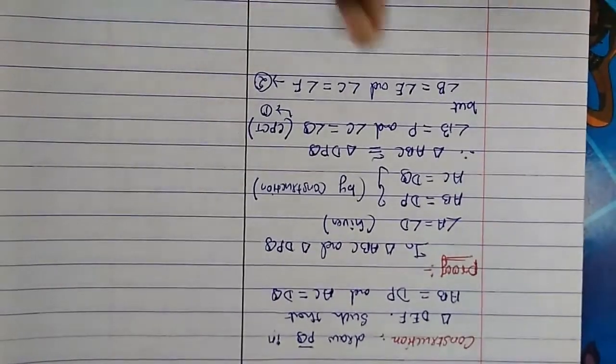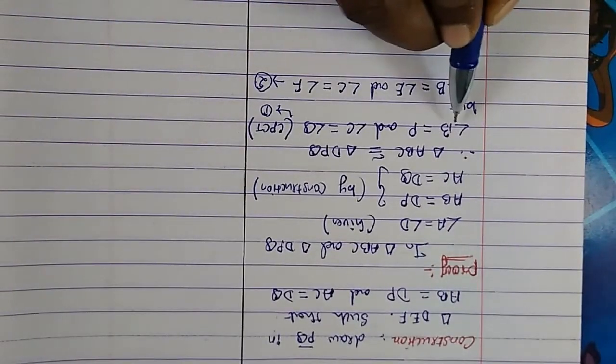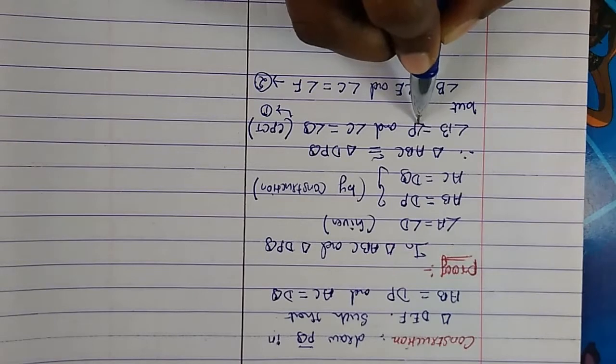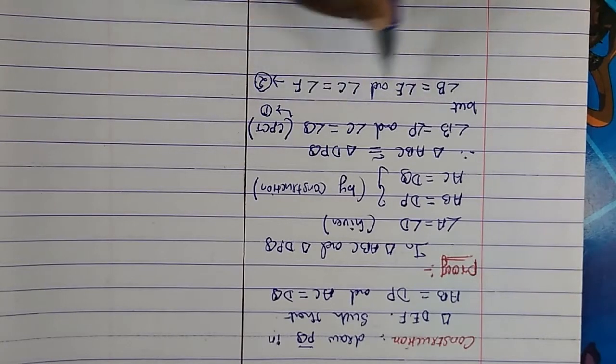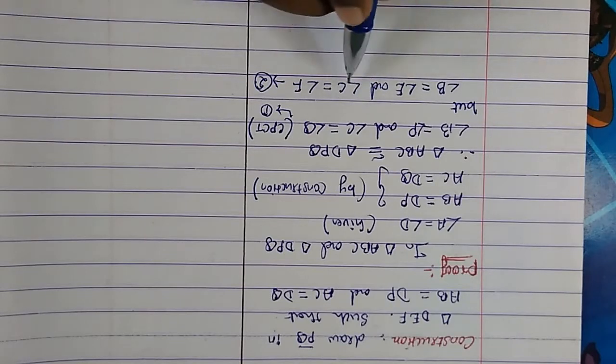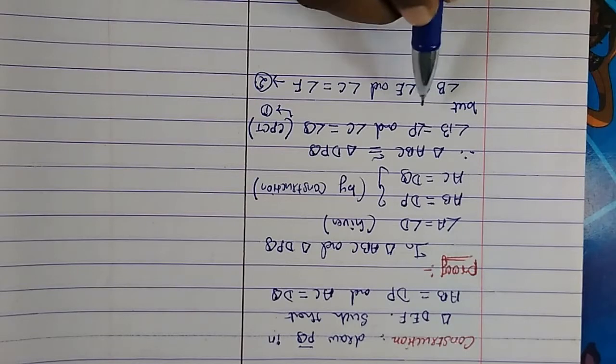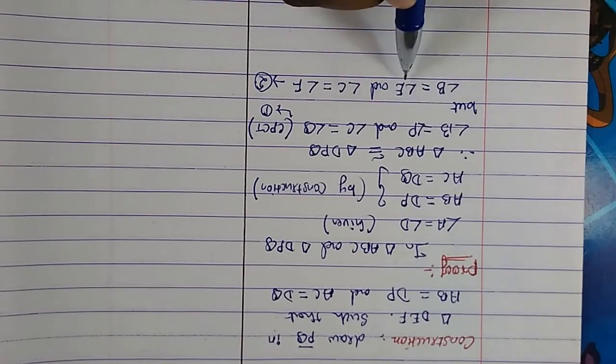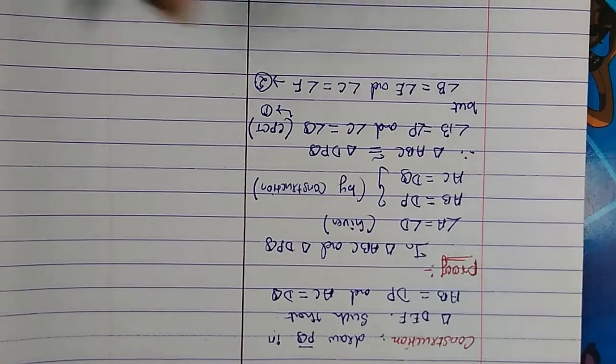Now, angle B is equal to angle P and angle C is equal to angle Q, but B is also equal to E and C is also equal to F. If the left-hand side is the same, the right will also be the same.